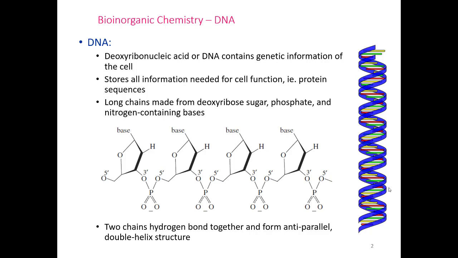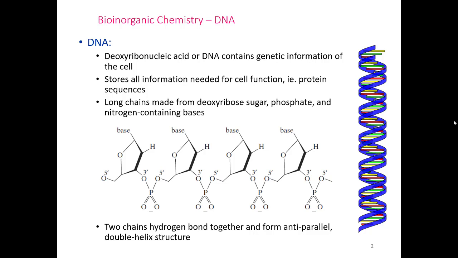The two DNA strands are anti-parallel in that one strand will be oriented with the phosphate and sugar backbone pointed one way, while the complementary strand has the phosphate and sugar backbone oriented the other way. So one would have the phosphates and sugars facing this way, and then the complementary strand would have them facing the other way.